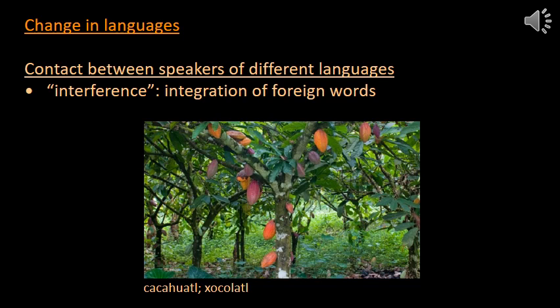We call it interference when new words that come from foreign languages are integrated into a language. For example, the word chocolate in English was borrowed from Nahua people from central Mexico in the 1500s. It was first integrated in the Spanish language. When Spanish conquistadores, Spanish soldiers, tried a beverage made with cocoa, they thought it was really good.